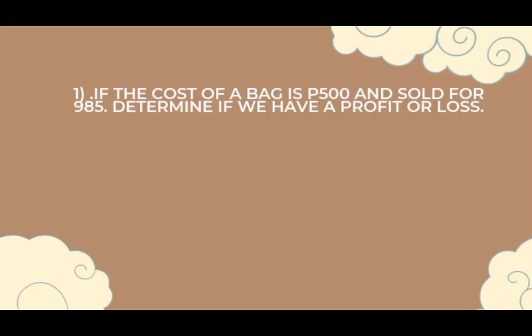So we have here an example, a problem-solving example. Number 1, if the cost of a bag is 500 and sold for 985, determine if we have a profit or loss. So we will compute it.